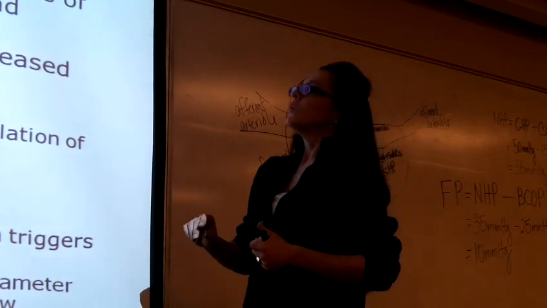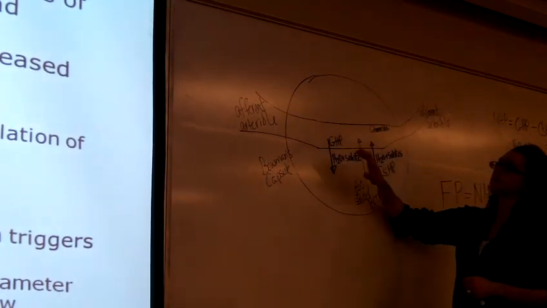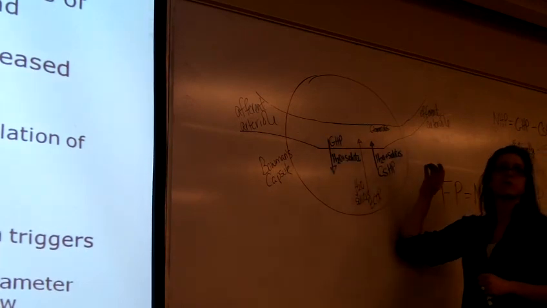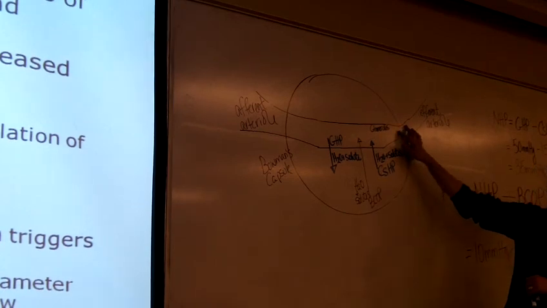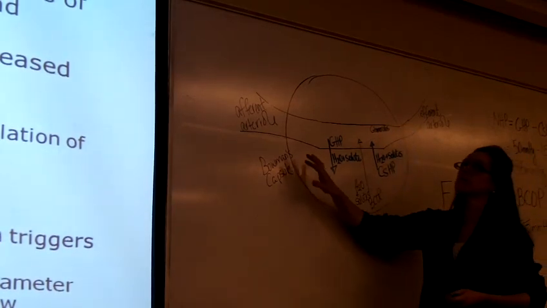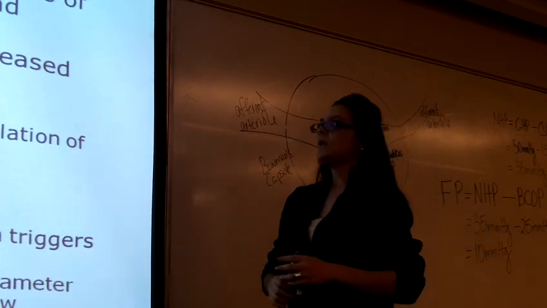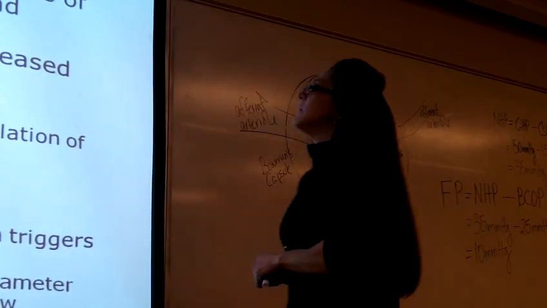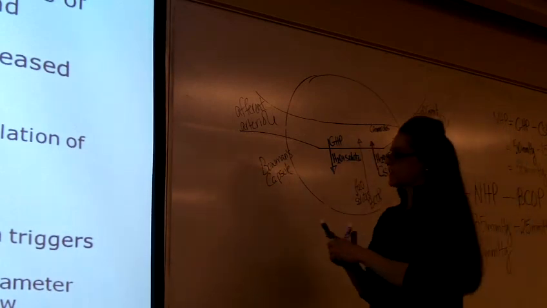So we said that we can dilate or constrict these arterioles. And we said at rest, the efferent arteriole is a slightly smaller diameter than the afferent. Okay? So let's say that we were to have a drop, so let's do this.